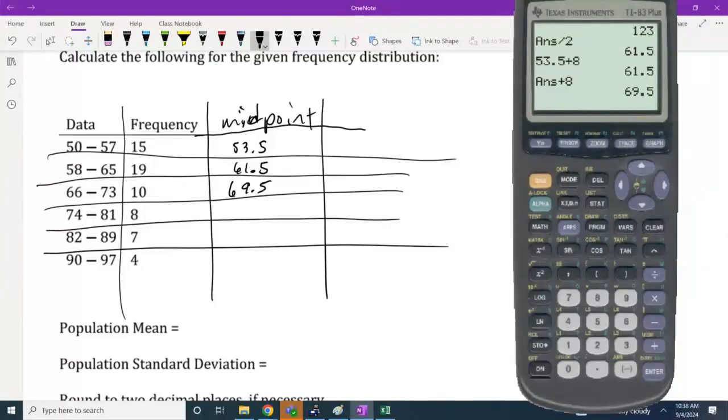If I add 8 again, I'm going to get 77.5. If I add 8 again, 85.5. And if I add 8 again, 93.5.